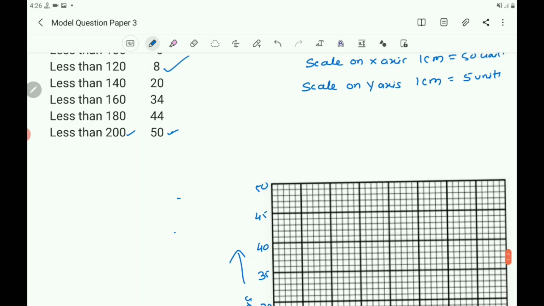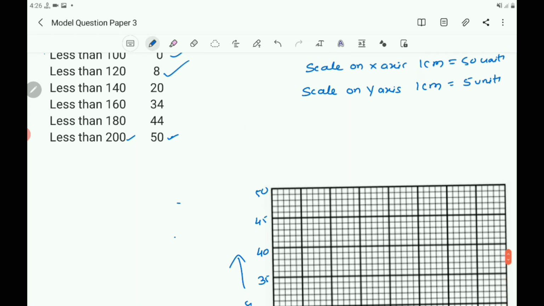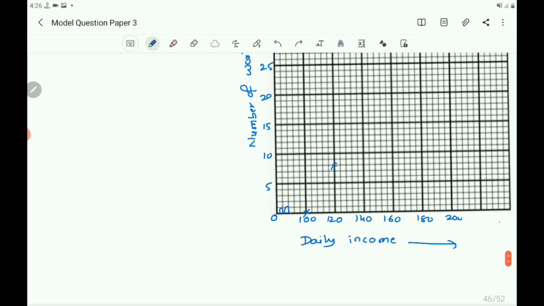And 140, 20. Less than 140, 20. It comes here. Here is 140. Straight you go to mark 20.